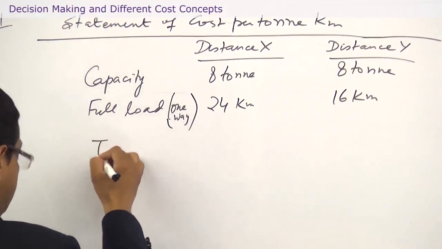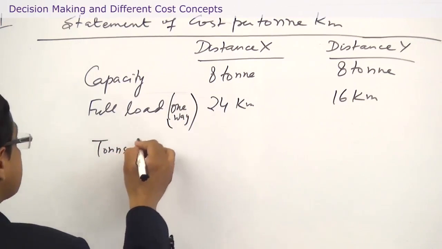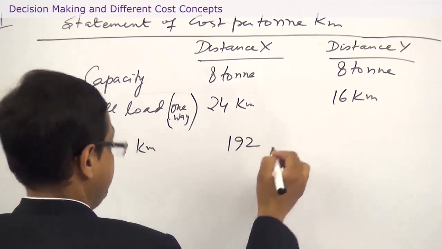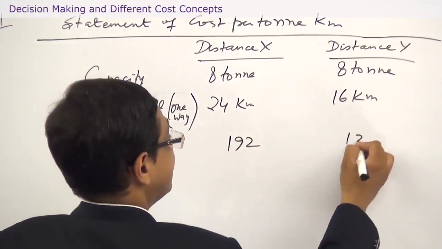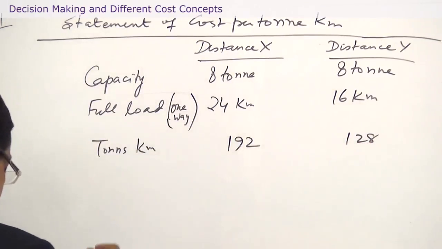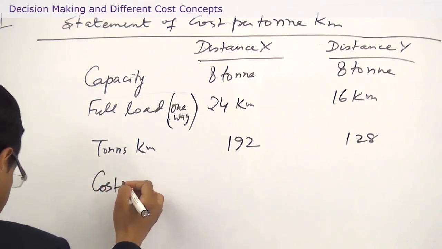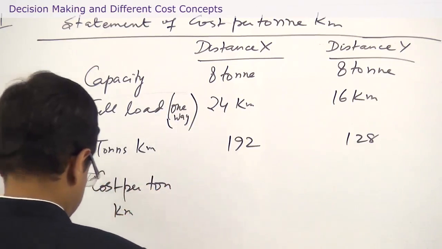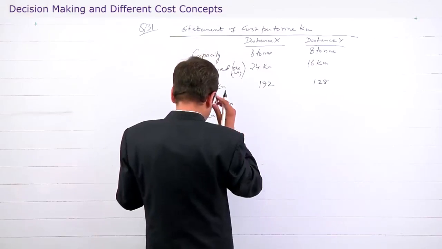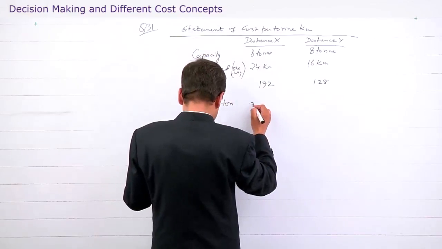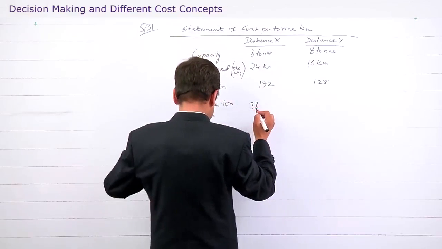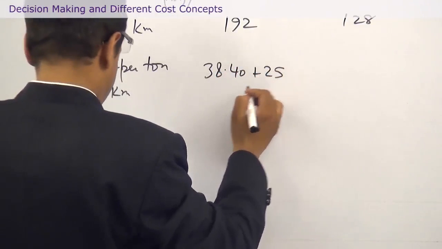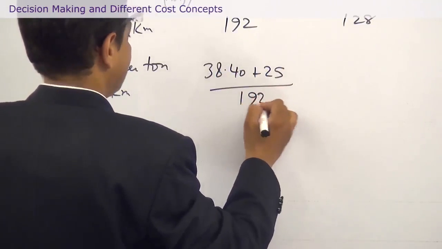Now tons kilometer is given as 192 and this is 128. So cost per ton kilometer is going to be 38.4 plus 25 divided by 192.